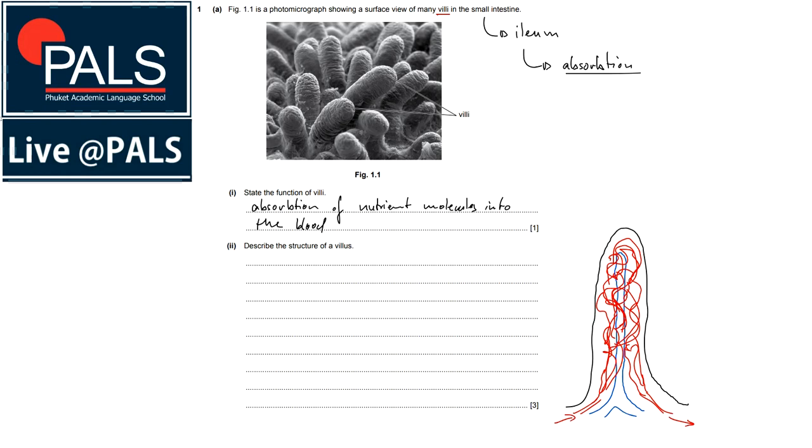Additionally, if we zoom into the epithelial cells, the cells on the surface of the villus, what we can see is that these cells have folding of their membrane as well, a bit like this.